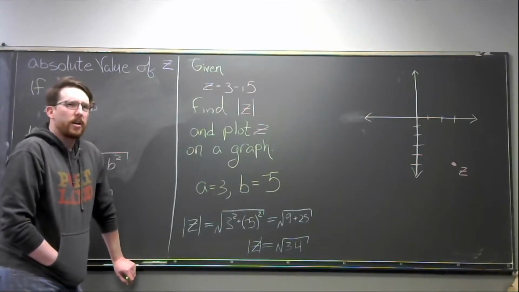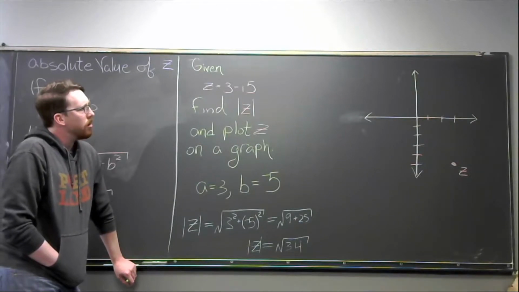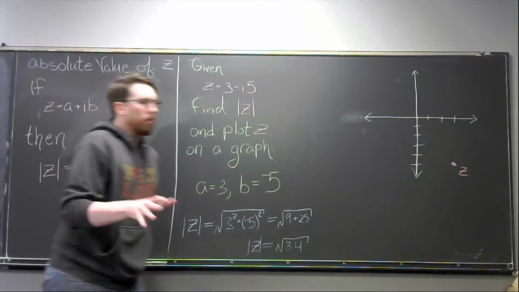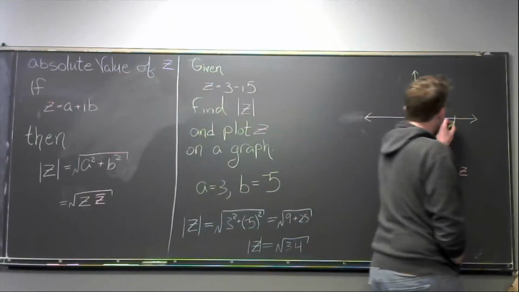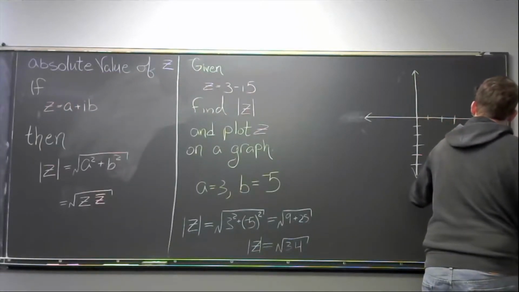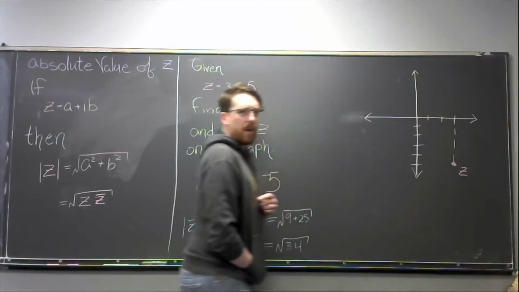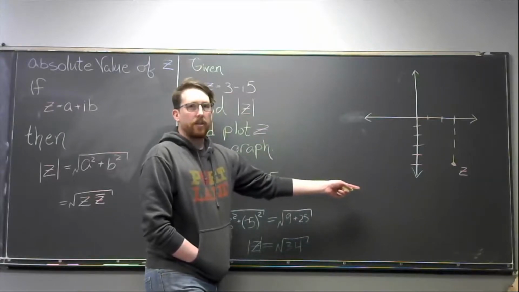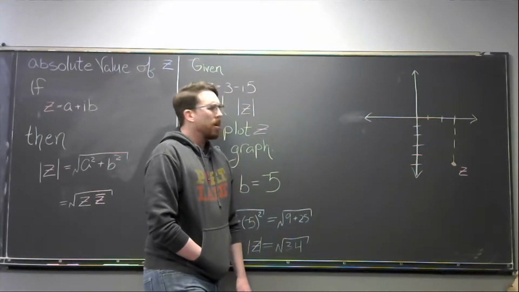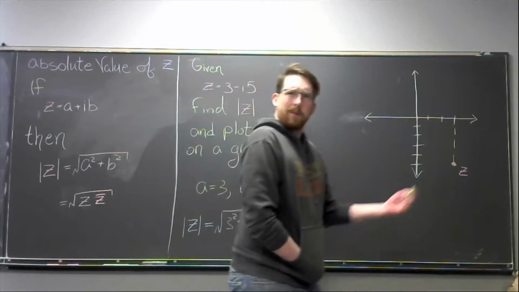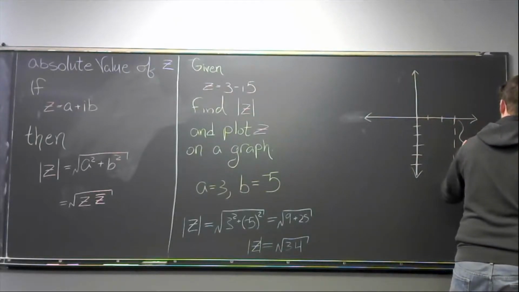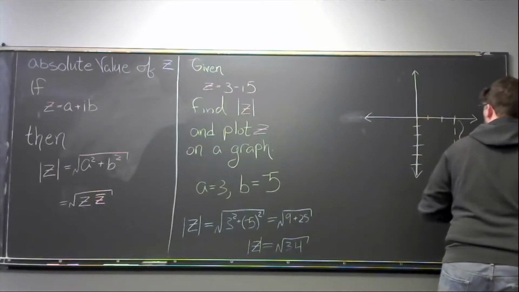Now let's take a second to look at this. If we look at this the right way, we might notice there's kind of an imaginary line going from our x-axis down to z. That's going to have a length of 5, right? -5.